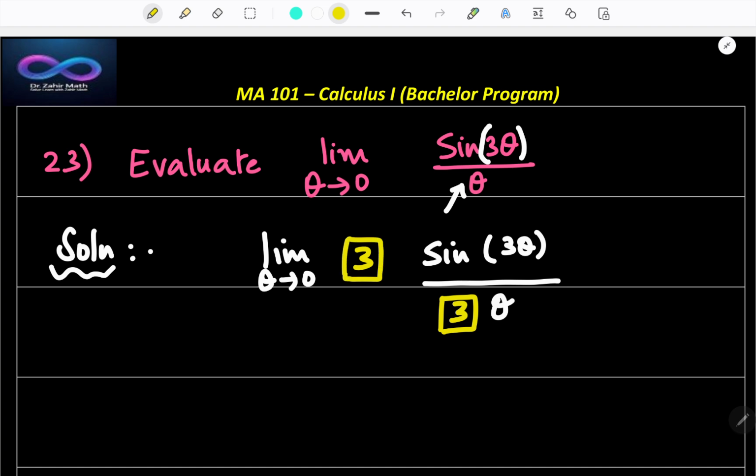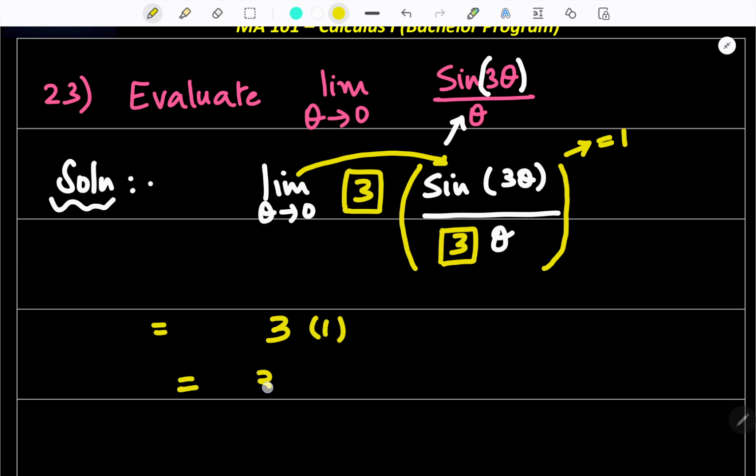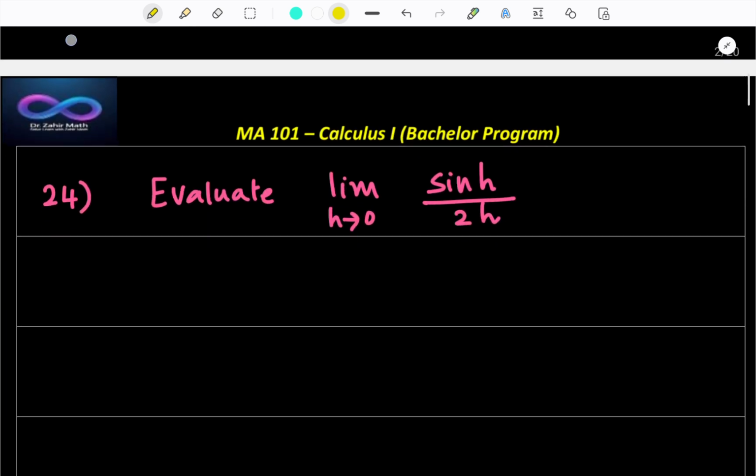The value is not changed, right? Yes. So this is equal to limit theta tends to 0, 3 times sine 3 theta divided by 3 theta, which is 3 times 1, equal to 3. So a small adjustment you have to do. That's all, right? Let's go to the next question.